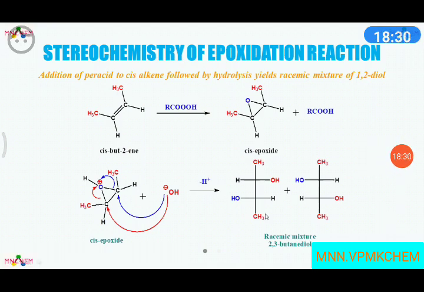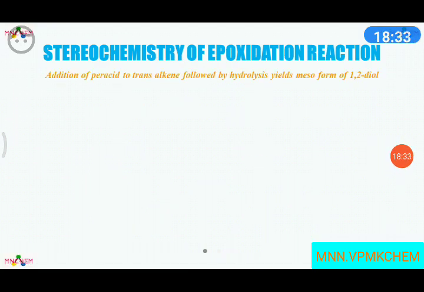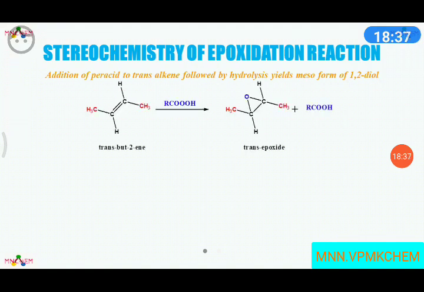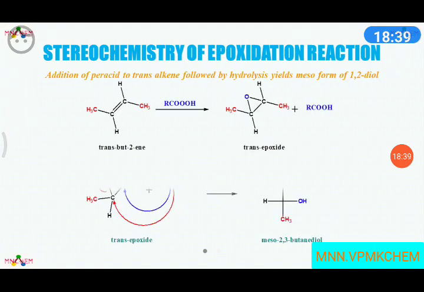If we do epoxidation of trans-2-butene and the epoxide formed is further acid hydrolyzed, it gives meso-2,3-butanediol as the product. So here we can represent with the reaction. Our starting compound is trans-2-butene, which reacts with organic peracid. It gives trans epoxide as a product.